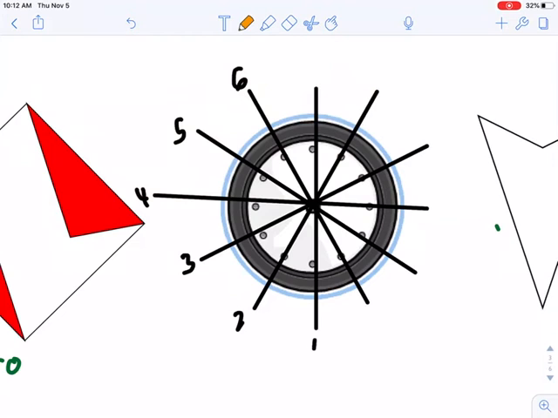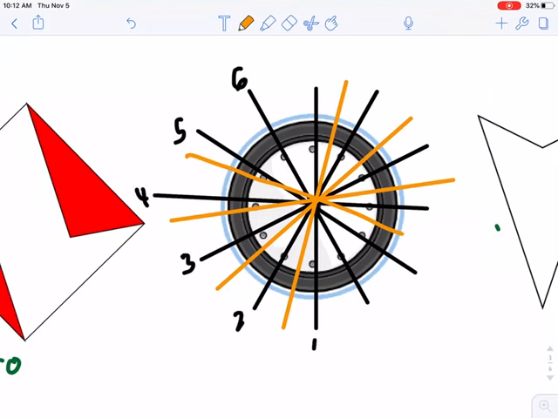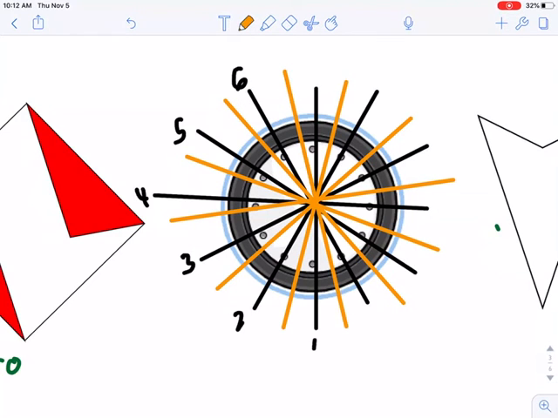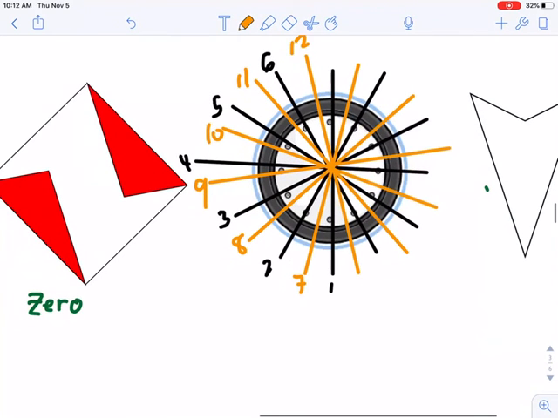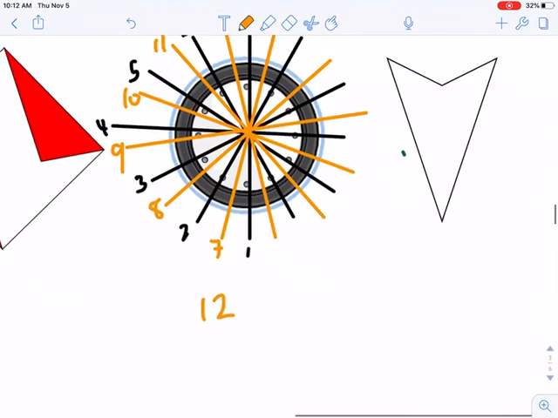And also, we can go between the bolts. So the next one would be 7, 8, 9, 10, 11, 12. We don't want to double count. So this one has 12 total lines of reflectional symmetry.